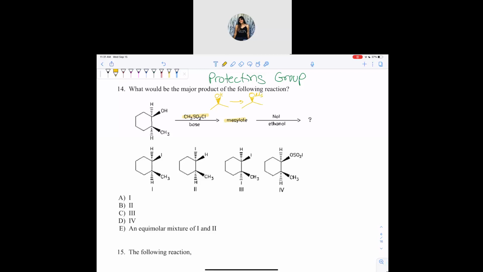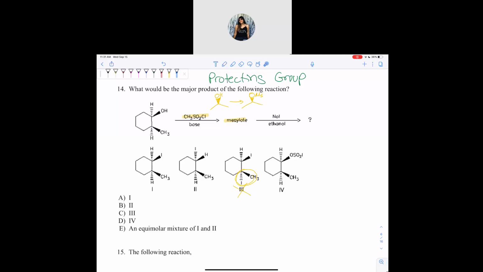What about the other chiral center? What happens here? Well, absolutely nothing. This only reacts with the alcohol, so we want a final answer that does not touch this carbon center. Let's just make sure. This checks out, checks out. This does not check out. We cross it out because what did it do to this carbon center?